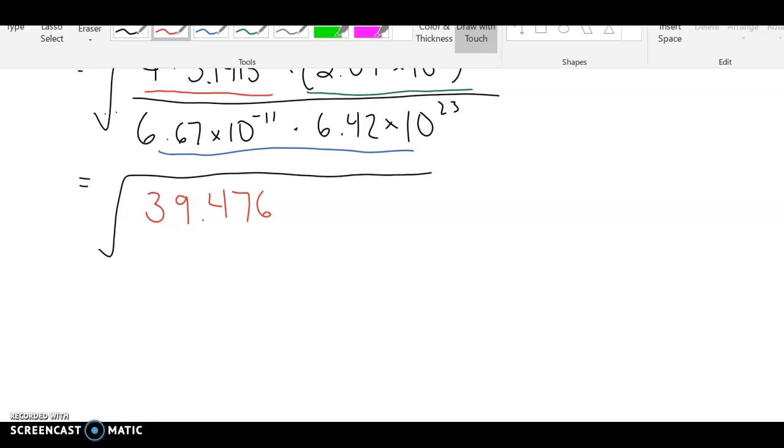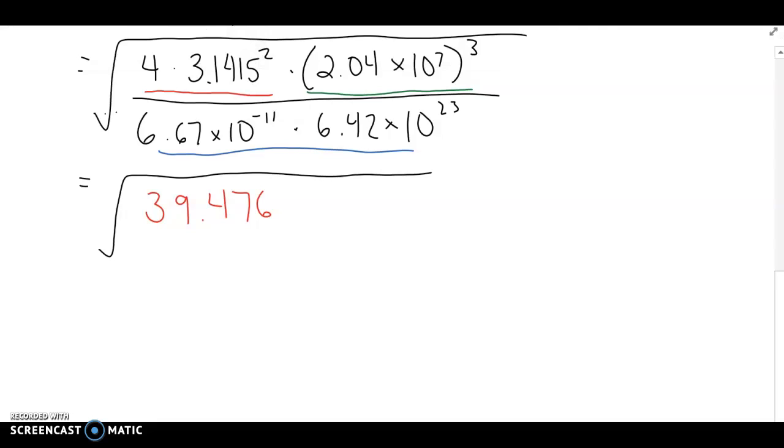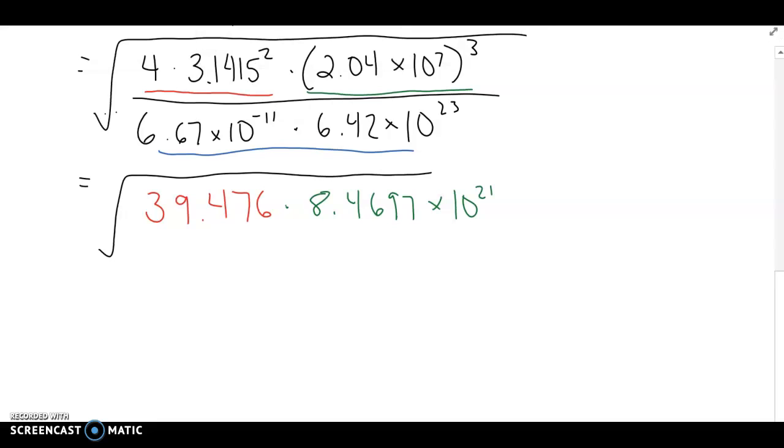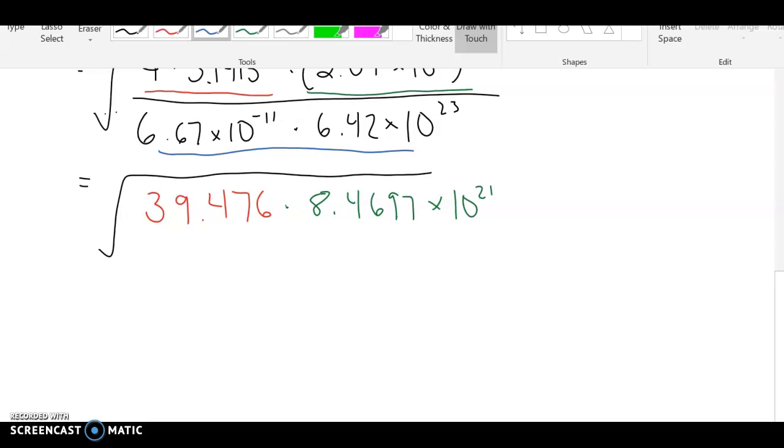And then I'm going to times that by the green value, which is my cube, 8.4697. And I usually go out 3 or 4 decimal places just to make sure that I'm getting as much precision as I can. Now, obviously, if we were doing this in a lab setting, it would be a little bit different.